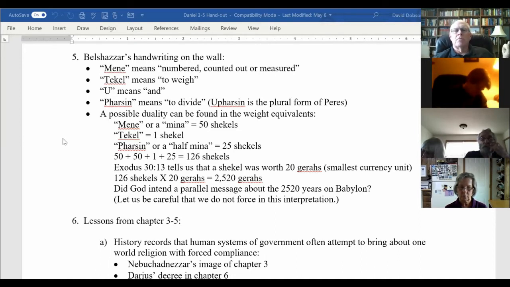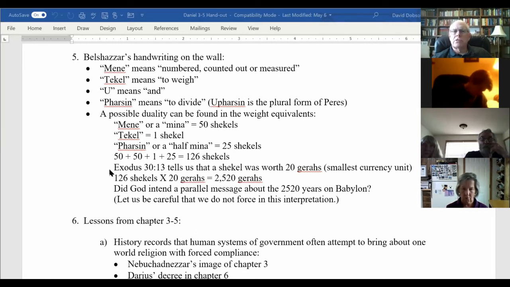The tekel, close to shekel, is just singular, just one. And then the farsin is the equivalent of a half mina, or 25. So that's where I have the math there so you can look at it: 50 plus 50 plus 1 plus 25, 126 shekels.